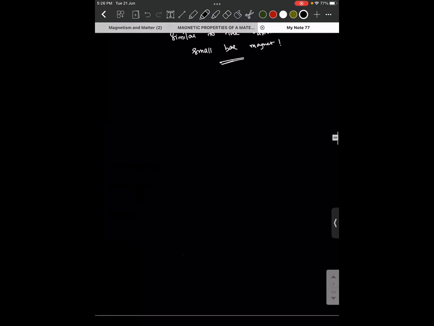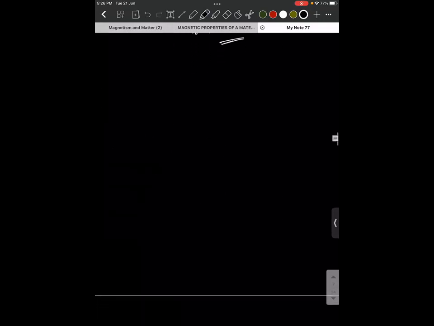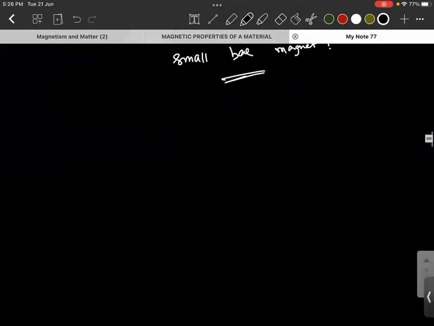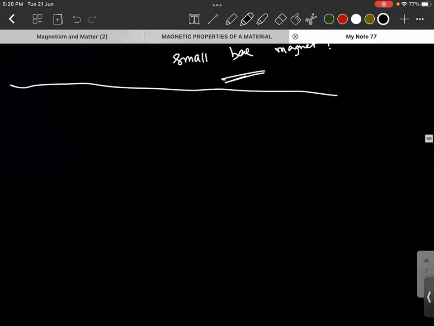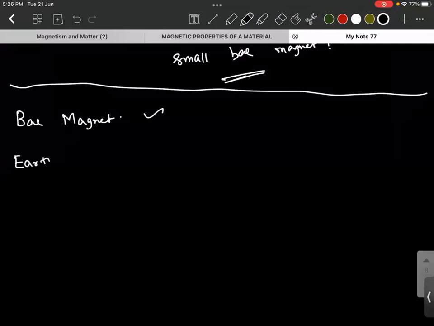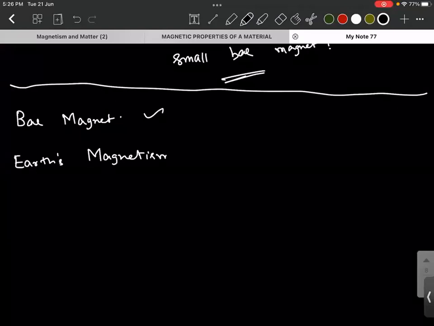So as I told you in the beginning, this chapter is basically divided into three parts. The first part is about bar magnet. And the second part is about Earth's magnetism, which is also called terrestrial magnetism.